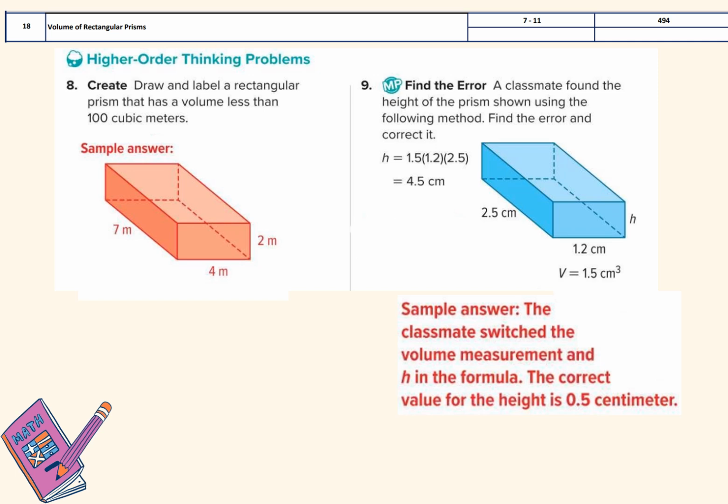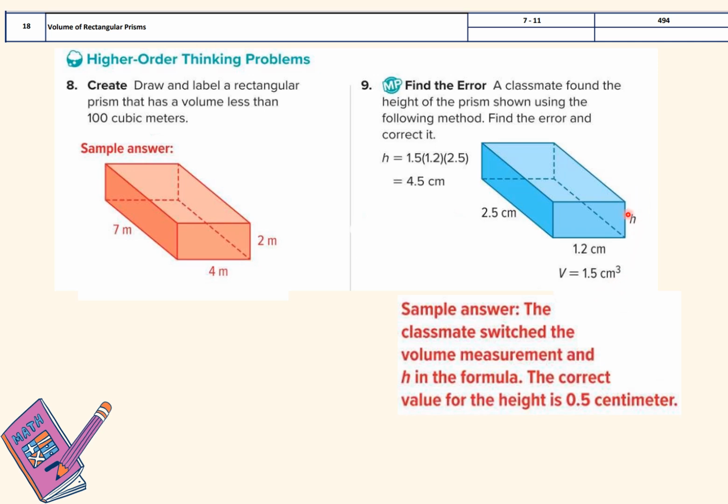Question number 9. A classmate found the height of the prism shown using the following method. Find the error and correct it. Well, the volume here, as you see, is given. The volume is 1.5 cubic centimeters.